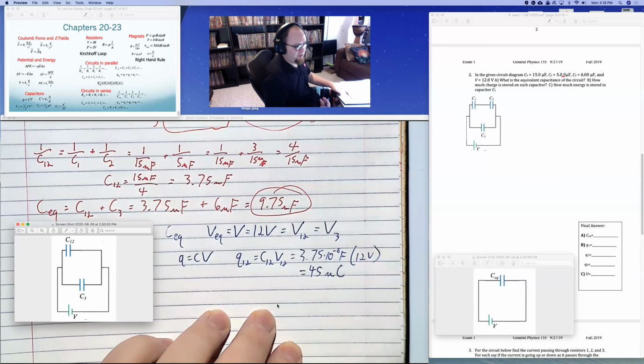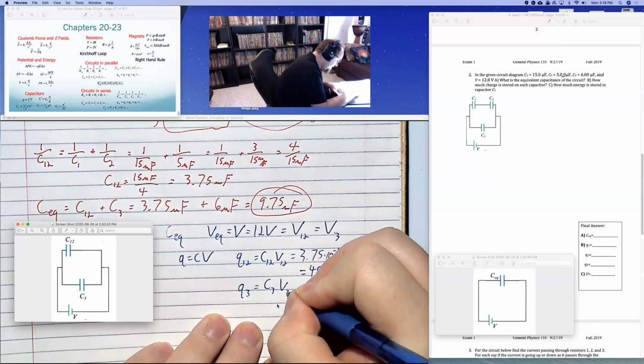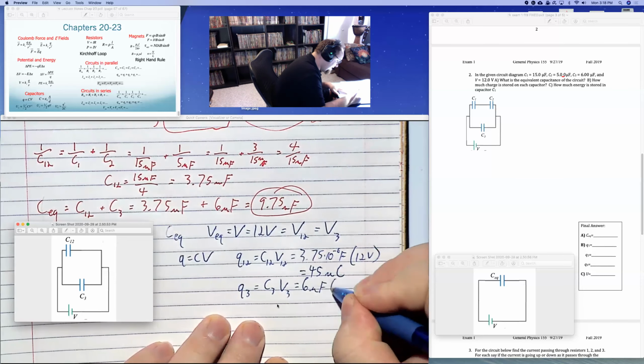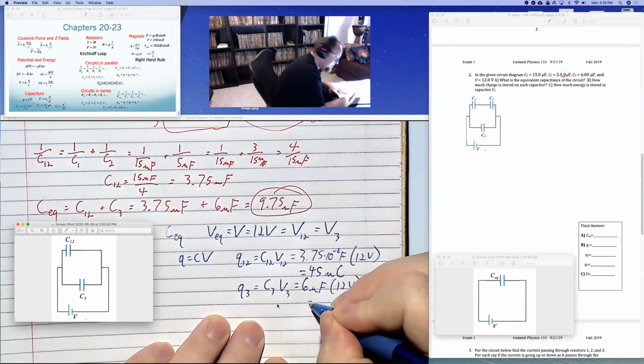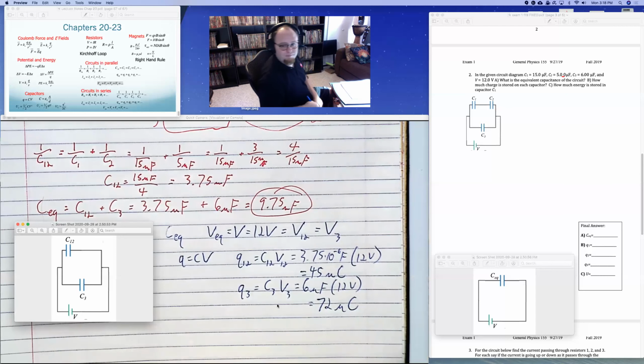But you can say 45 times 10 to the negative 6 coulombs. Q3 equals C3V3, or 6 microfarads times 12 volts, which is 72 microcoulombs. So there's one part of the answer.